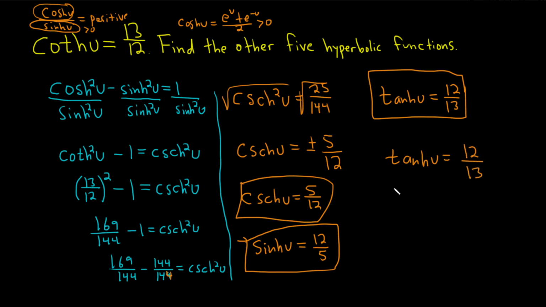And we know that hyperbolic tangent is sinh over cosh, and that's equal to 12 over 13. We could have used this one too. This might have been a little bit easier, but it's too late. And then sinh is 12 over 5, so this is 12 over 5 over cosh, and that's equal to 12 over 13.